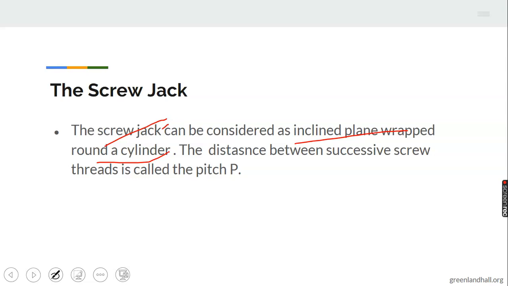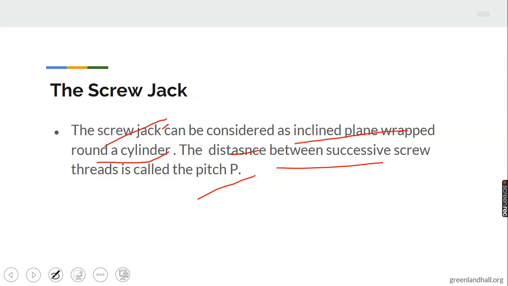The distance between successive screw threads is called pitch. There is no screw jack without pitch, there is no screw jack without threads. There's always a gap between the threads, so the distance between two threads that are close to each other is what we call pitch.